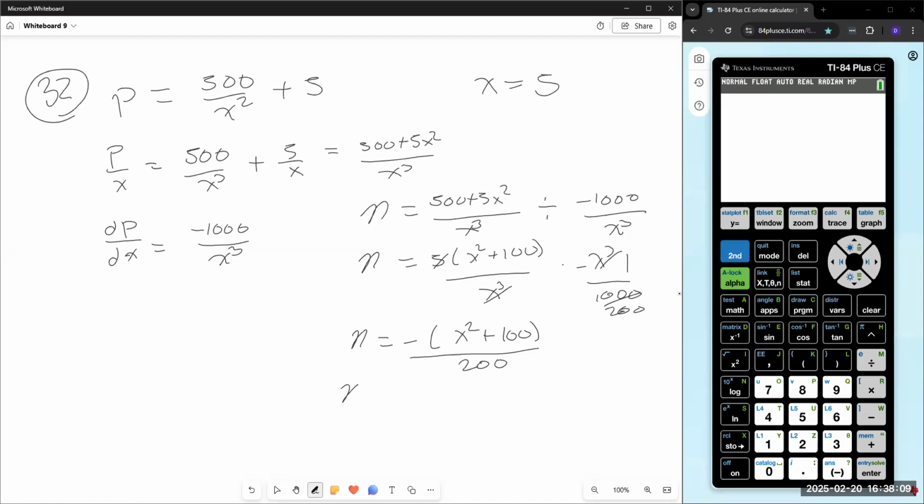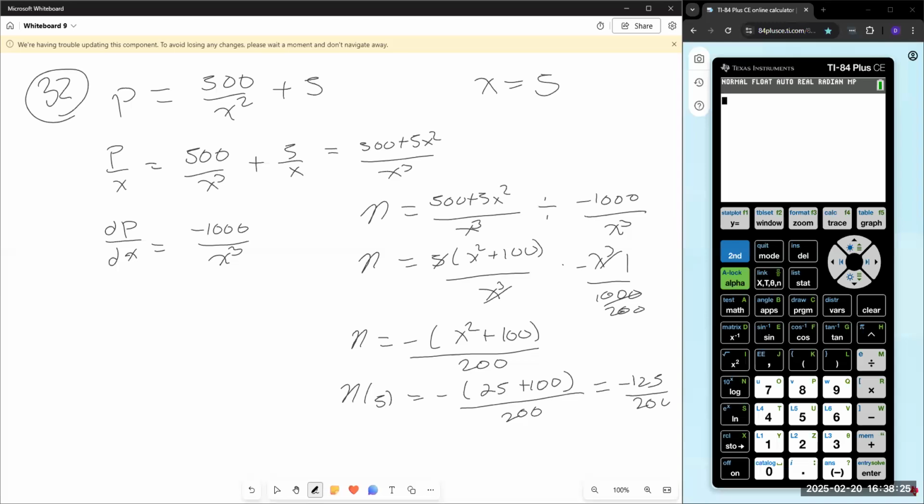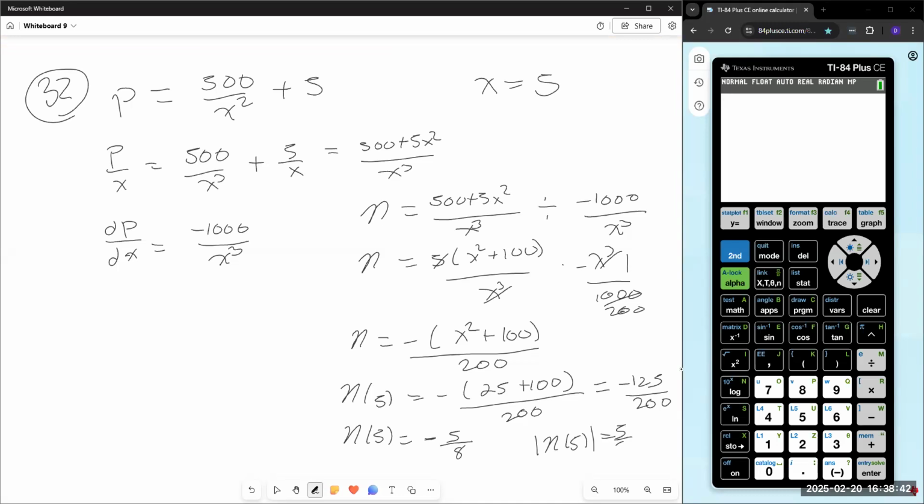And eta of 5 is negative 25 plus 100 over 200, which is negative 125 over 200. Eta of 5 is negative 5 over 8. So the absolute value of eta of 5 is 5 over 8, which is less than 1. So that's inelastic.